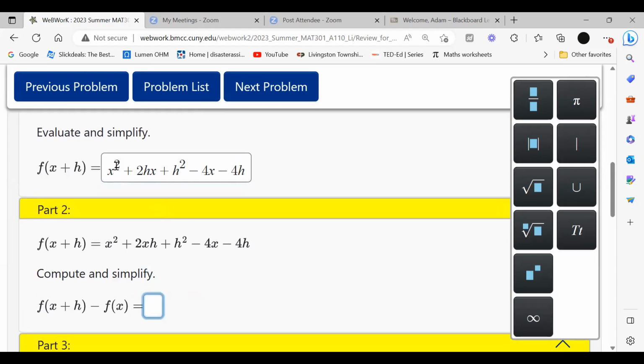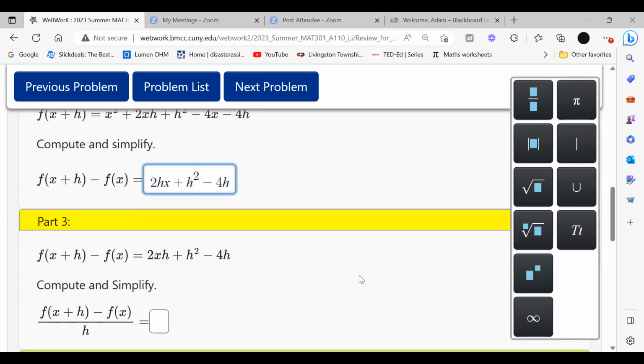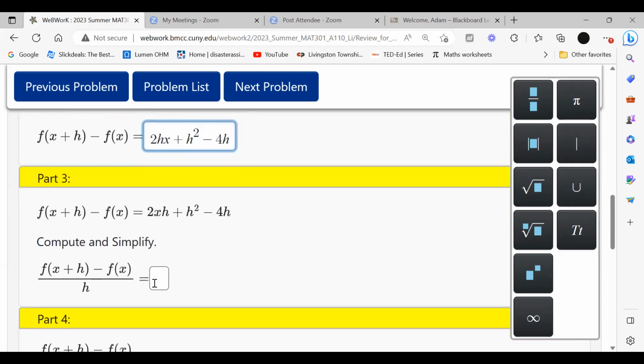Second part, remember these two terms are gone. X squared is gone, minus 4x is gone. So we end up with 2hx, and then h squared, and then minus 4h. Yeah, so that's what we have. And then the quotient, when you divide by h, it just becomes 2x plus h minus 4.